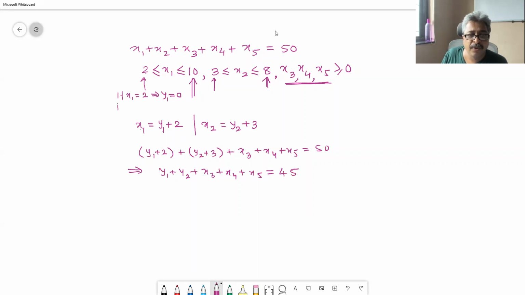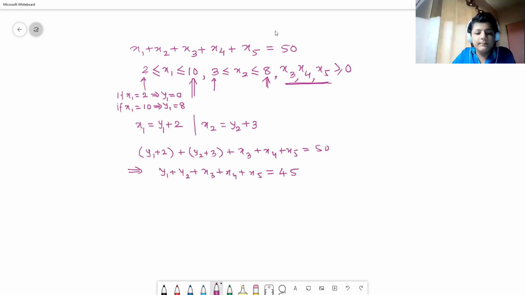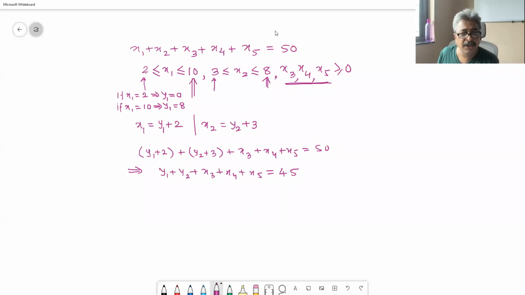Similarly, if x1 is equal to 10, then y1 must be 8. Therefore, the condition that I should write here now is 0 less than or equal to y1 less than or equal to 8. Because this is the change of variable that we are doing.